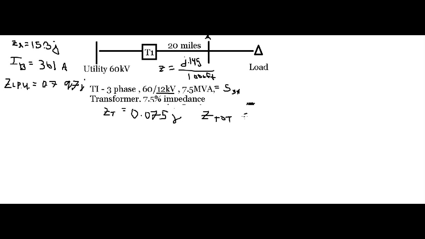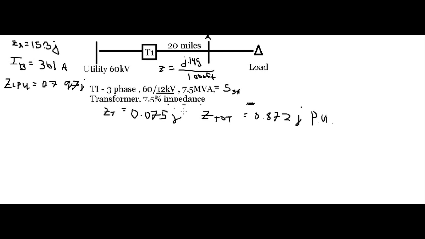So then you can calculate the total impedance, Z total, by just adding the 0.797 j plus the 0.075 j, and that gives you 0.872 j.